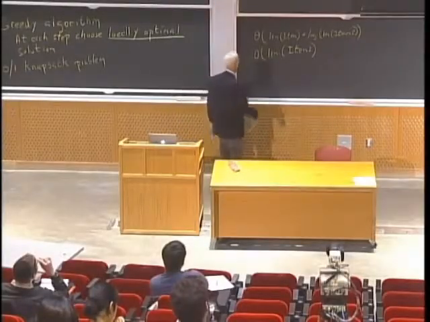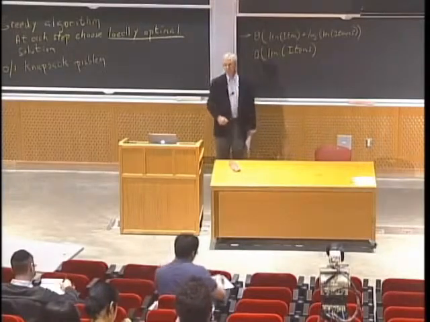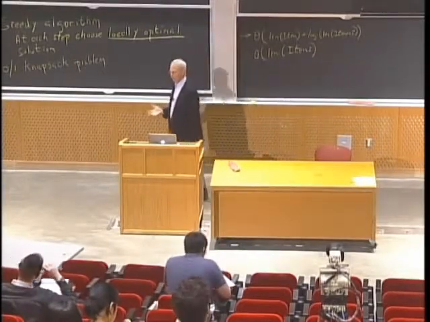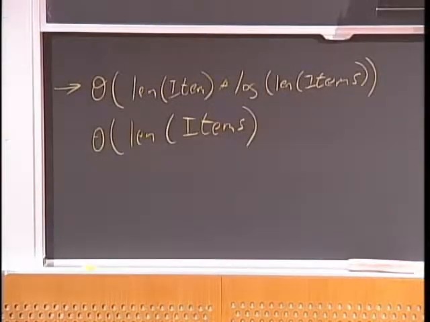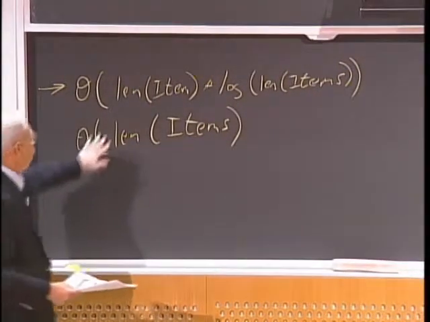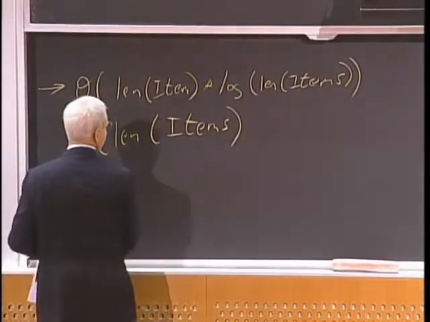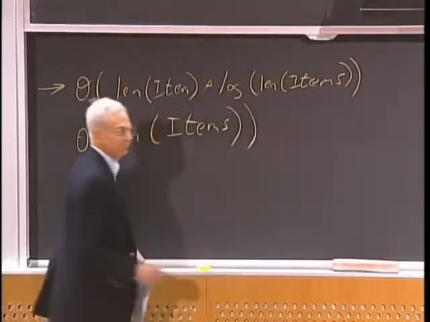So we can say, all right, pretty good. Slightly worse than linear in the length of the items, but not bad at all. And that's a big attraction of greedy algorithms. They are typically order length of items, or order length of items times the log of the length.